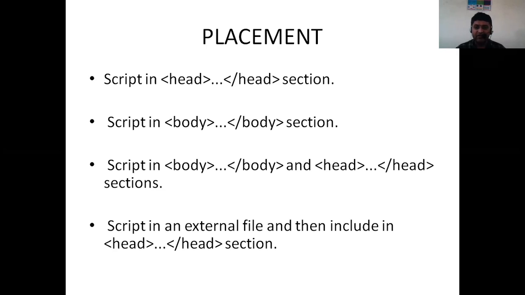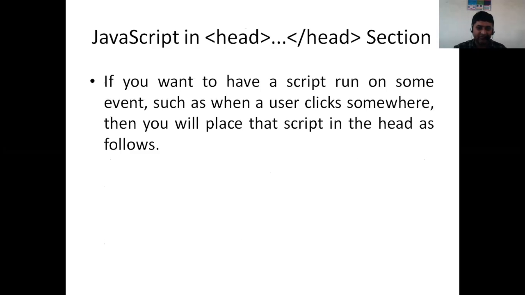That means we write the script in a separate file and refer to that file by giving the reference in the head section, meaning we link your JavaScript code. So remember there are four different ways we can write your JavaScript code. First the head section, next the body section, next the body and head section, and last a script in an external file, then included in the head section.